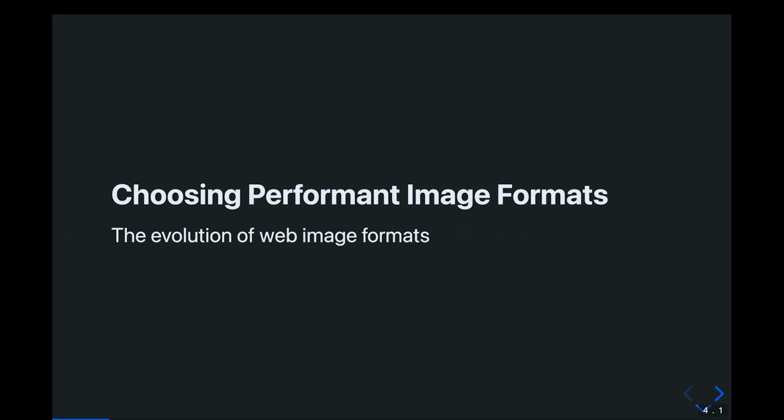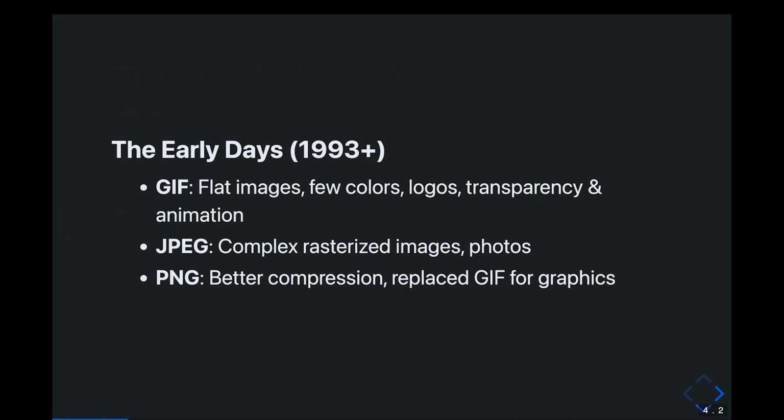So let's talk about performant image types. If you go back to the early days, 1993 is basically when images started existing on the World Wide Web. Before that, it was all message boards, everything was text-based, and it's around this time that two of the major formats come out, GIF and JPEG. And just a slight etymological detour here, we live in a world where GIF and GIT are acceptable, and GIF is okay.